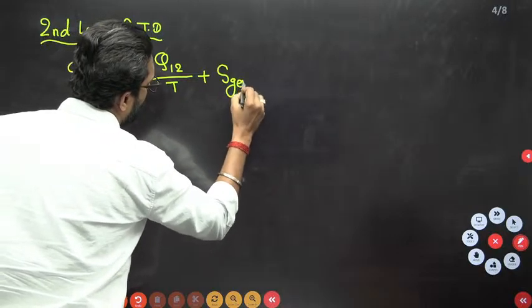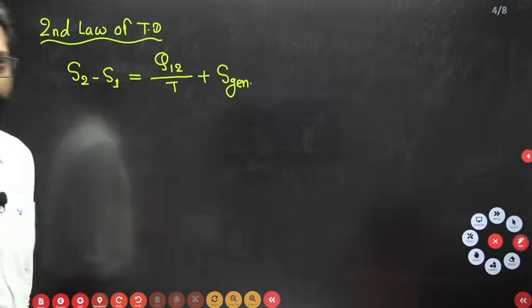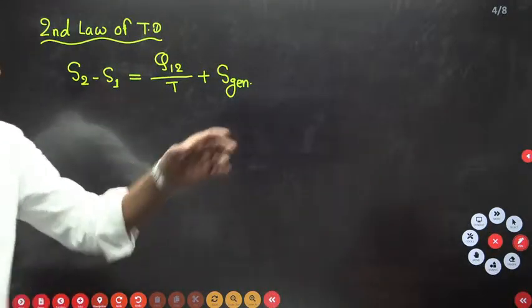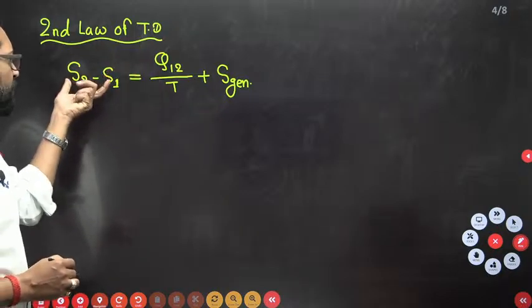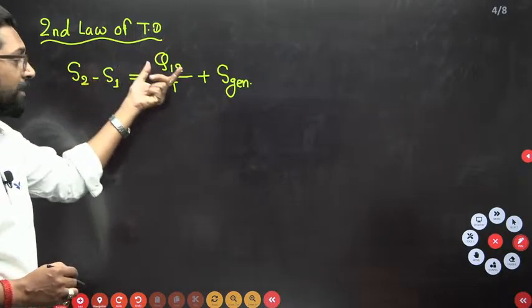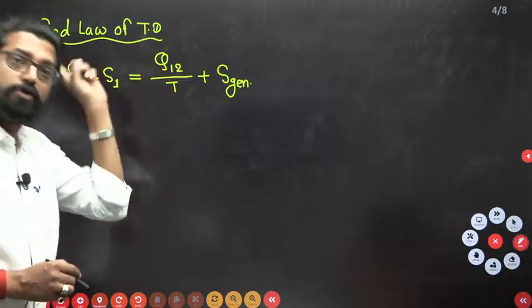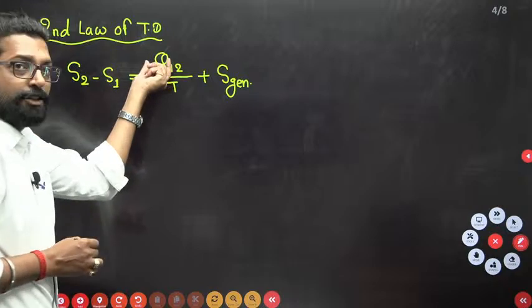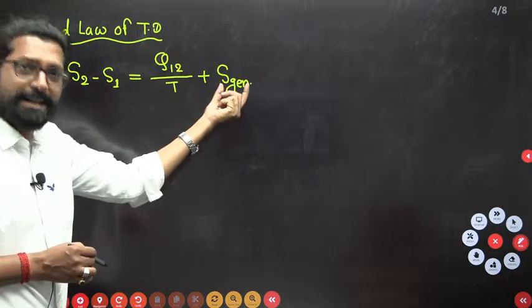No problem at all. This is the entropy balance for a closed system. Why? Because this is the transfer mechanism, this is the change, this is the system. Here transfer is only by heat, no mass. So this is the entropy transfer by heat, and this is the entropy generation.